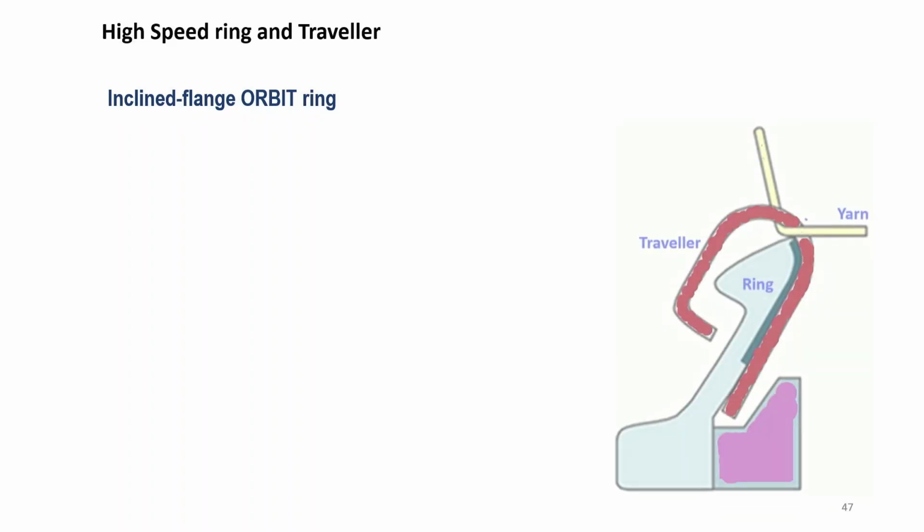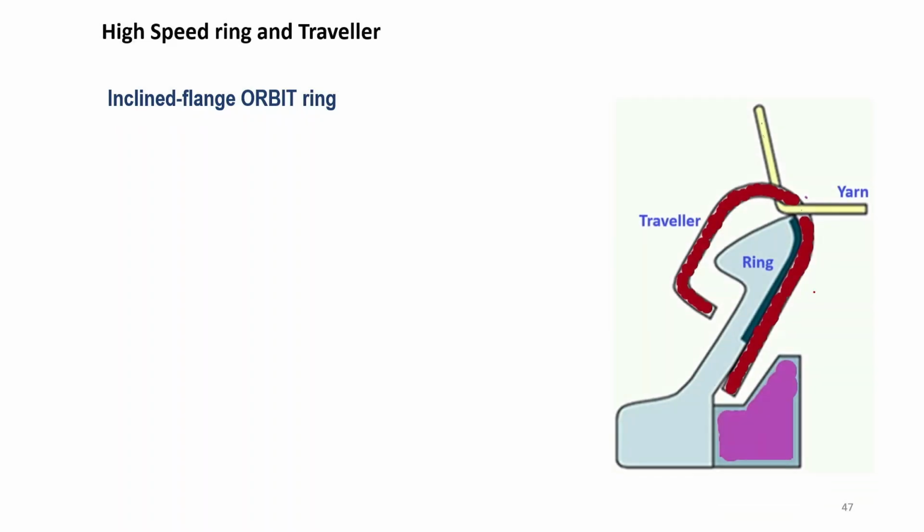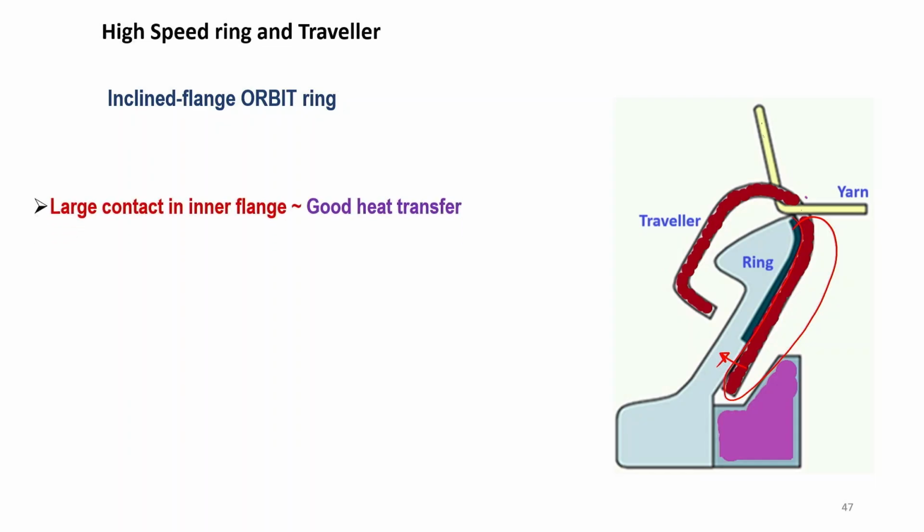Now, the orbit ring or inclined flange ring. This is the inclined flange. It is basically used where the contact area is very high, so the heat dissipation from the traveler to the ring surface will be very high and very quick. Large contact in the inner flange gives good heat transmission and compensation of the forces.